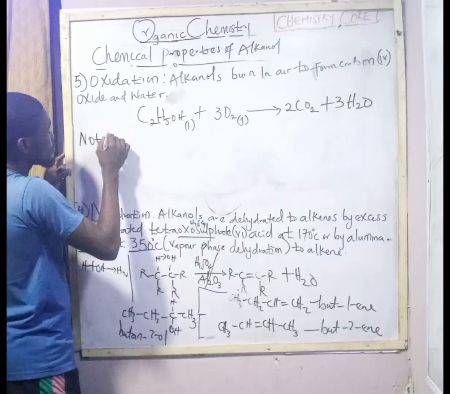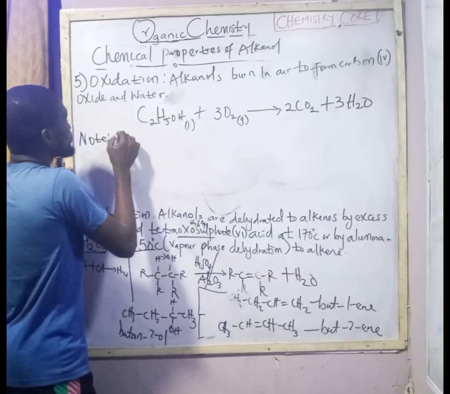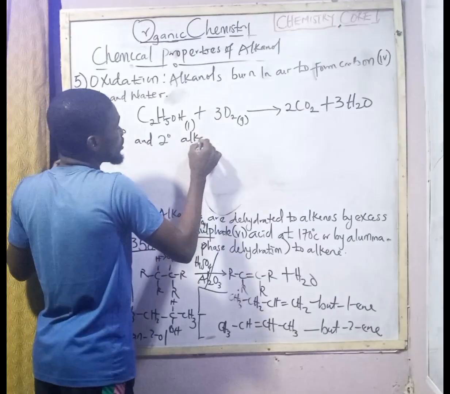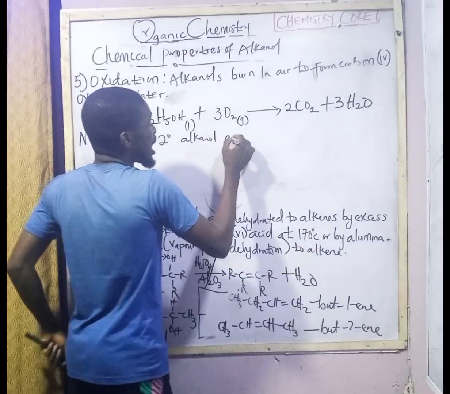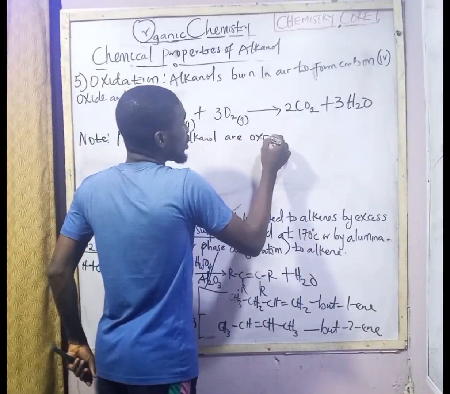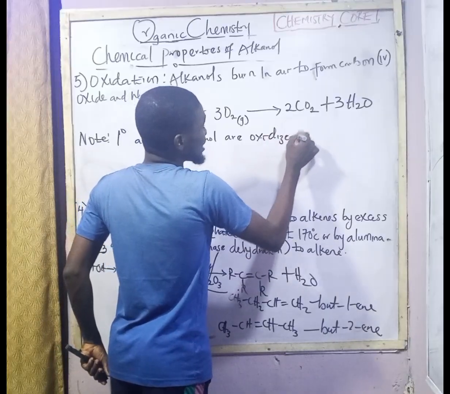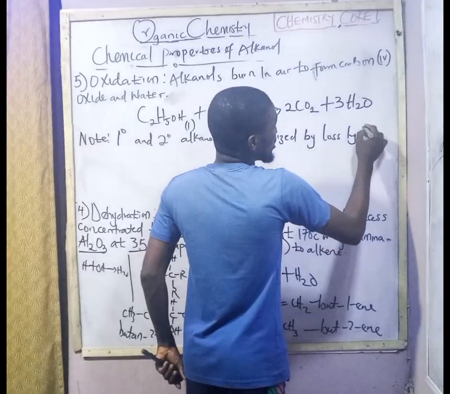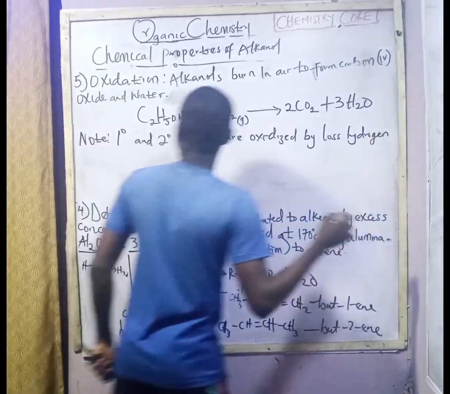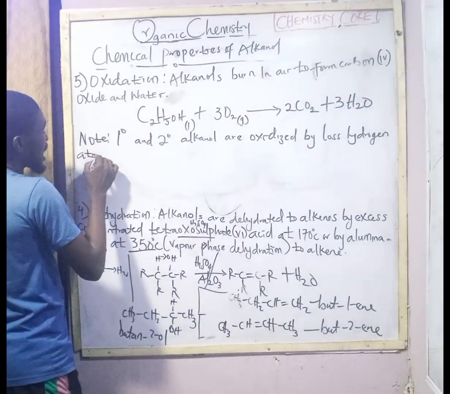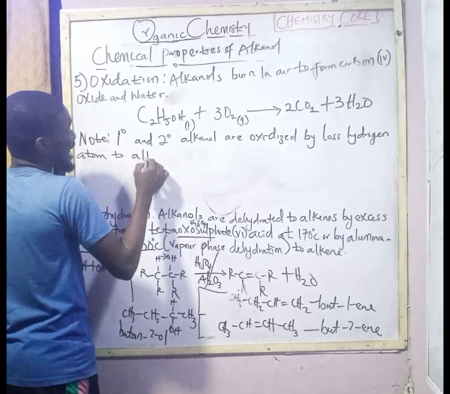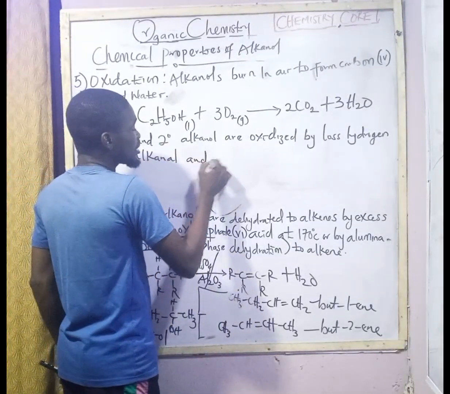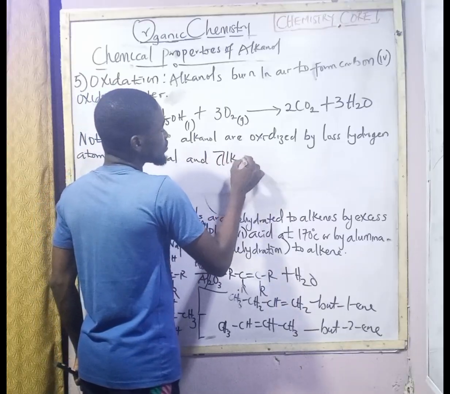So guys, note one thing. Note: primary and secondary alkanols are oxidized by loss of hydrogen atom to alkanal, which we all know as aldehyde, and alkanone.